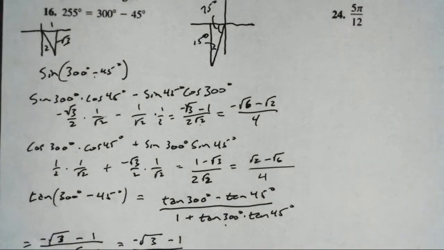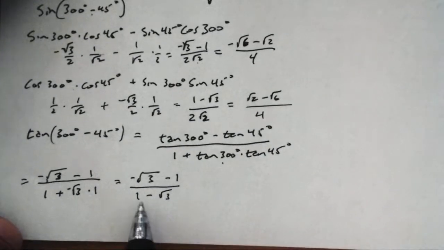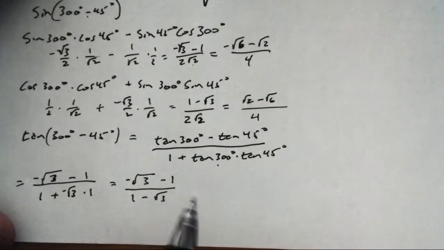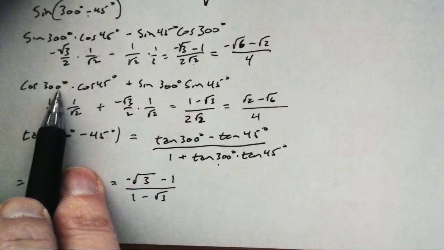And at that point right now, we could go ahead and rationalize this. I want to show you something real quickly here. So we could go ahead and use the conjugate of the denominator, and I'll leave that to the reader if you want, but I do want to show you this. We know that tangent is sine on cosine. Take a look.